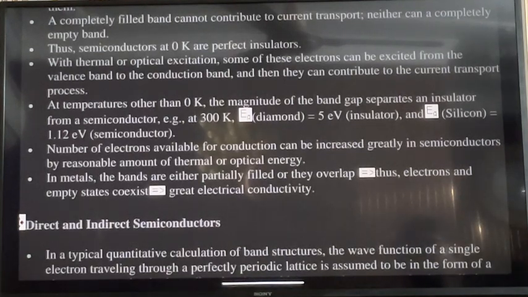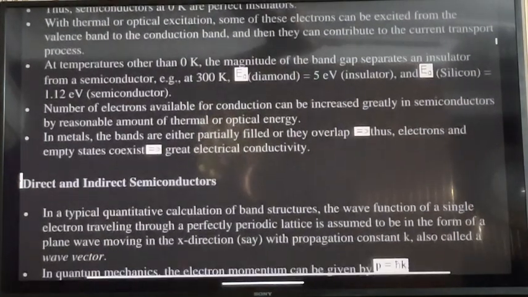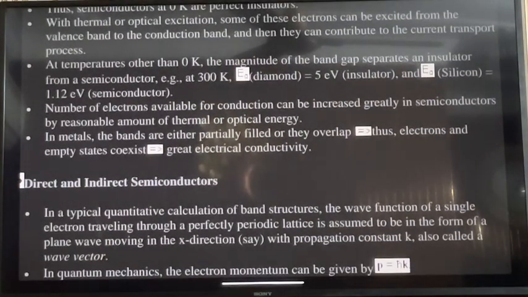It does not mean that diamond cannot conduct electricity at all. It means that we need to give a relatively very high voltage for it to conduct electricity. And the same thing applies for silicon as well. Now, for silicon, you see that Eg is actually low. So 1.12 electron volt is much lower.